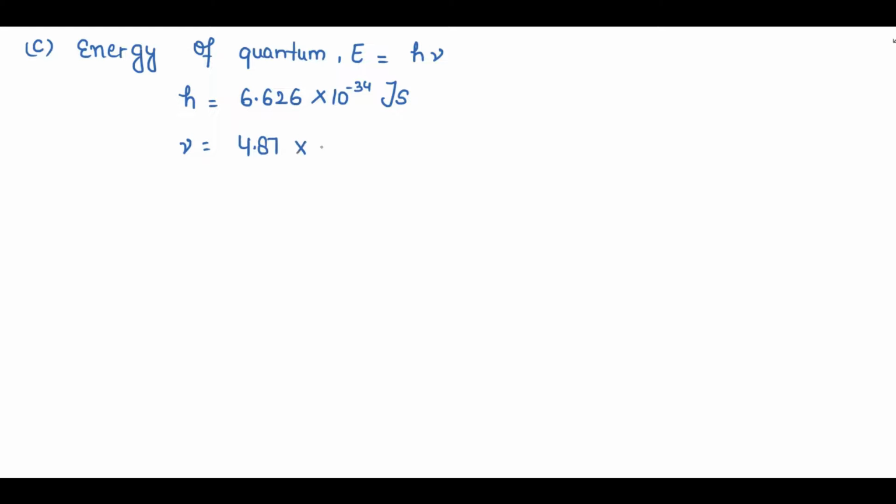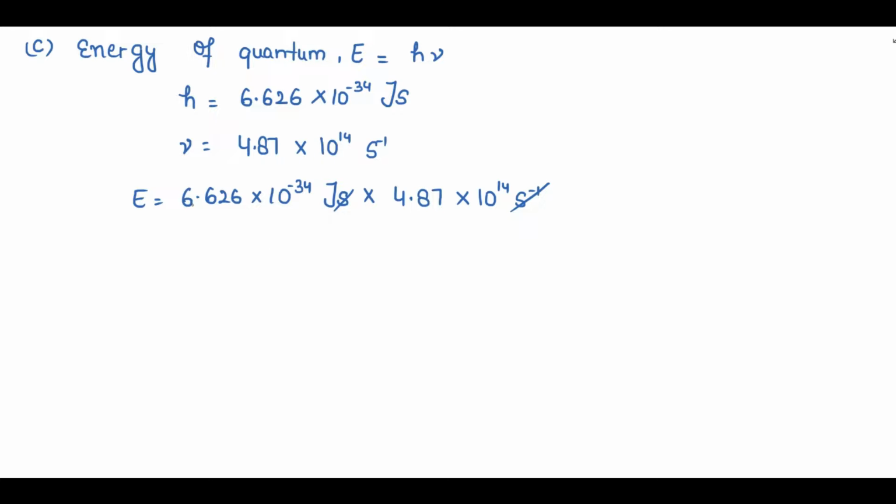Frequency we have is 4.87 into 10 raised to power 14 second inverse. Simply put the values. So E equal to h, 6.626 into 10 raised to power minus 34 joule second, into frequency, 4.87 into 10 raised to power 14 second inverse. I'll cancel second with second inverse.